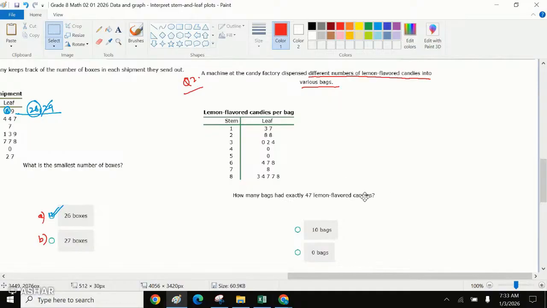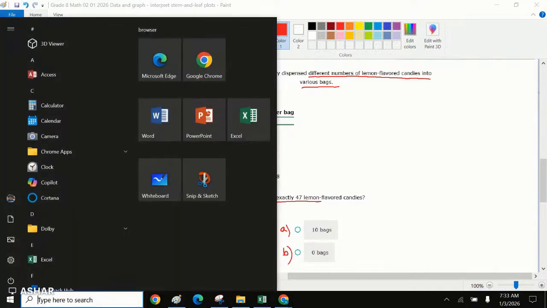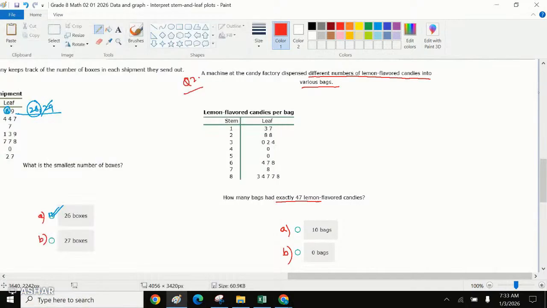And we have been asked how many bags had exactly 47. Option A is 10 bags. Option B is 0 bags, right? So what should be the correct answer?